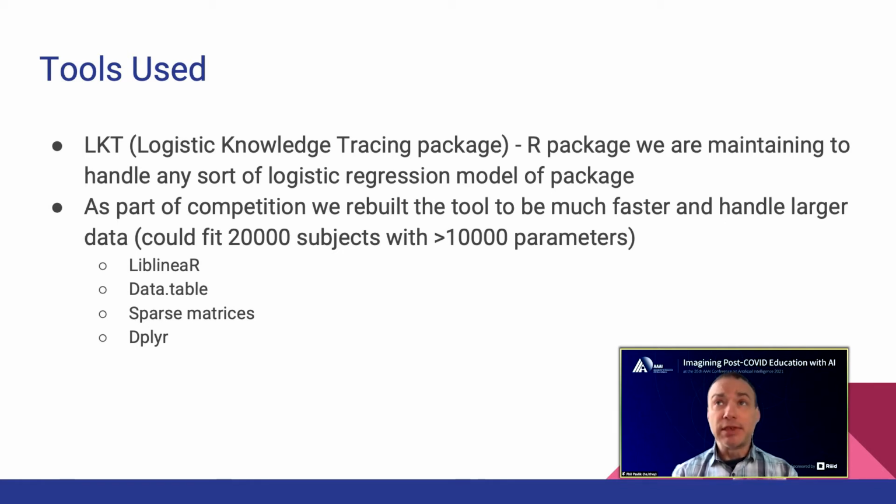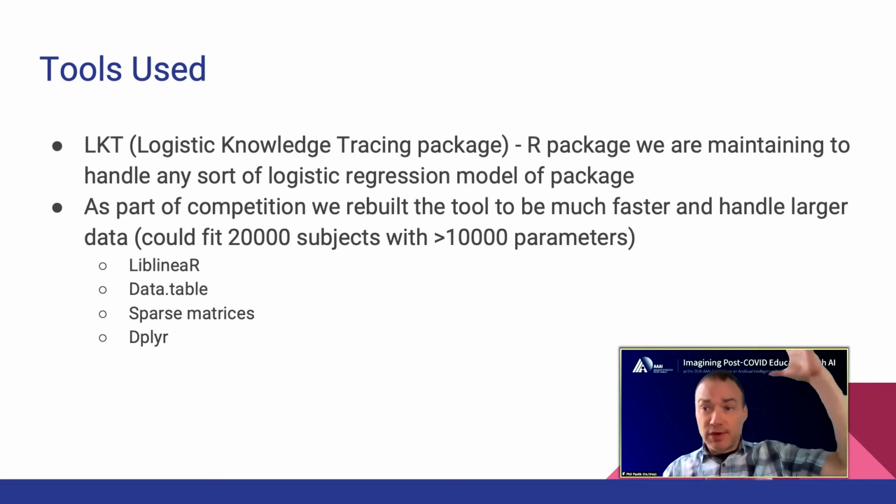Sparse matrices allowed us to handle, for instance, building the model matrix when you're talking about this many parameters and trying to expand this matrix for your entire data set.